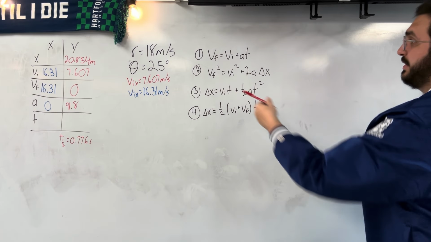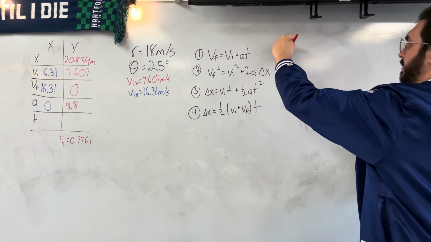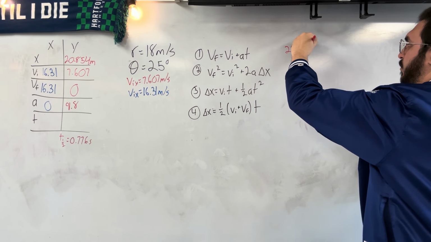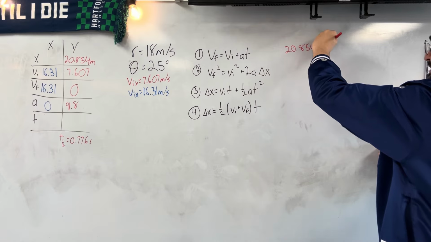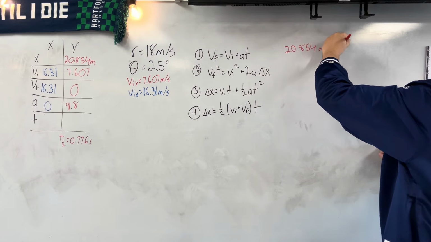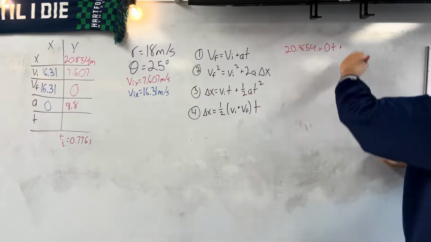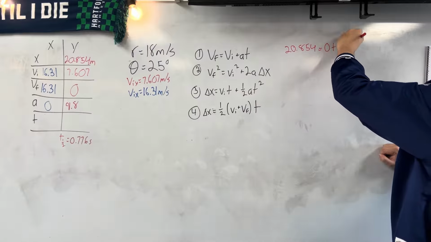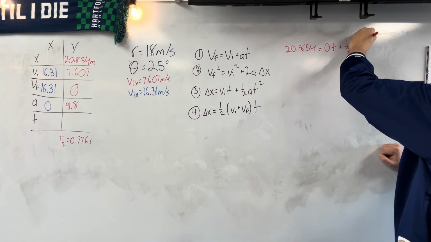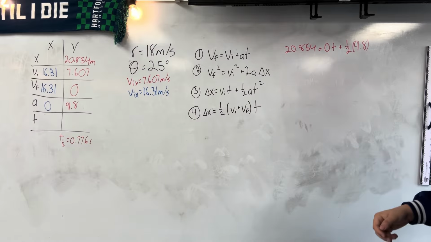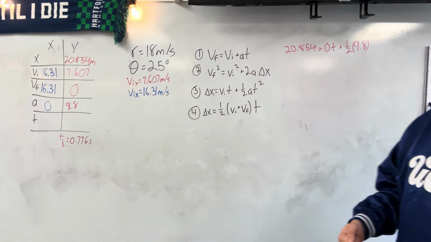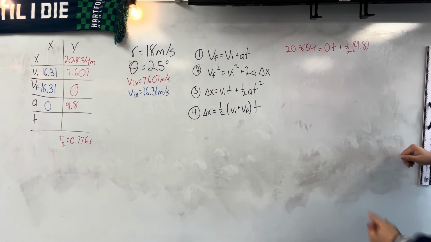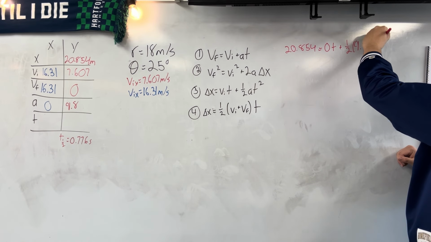So using equation 3 again, my height, 20.854 equals initial velocity, 0 times time. We don't know that yet. Plus 1/2 a positive 9.8 this time, because now gravity is causing us to speed up as we fall down. So therefore, the acceleration is positive times t squared.